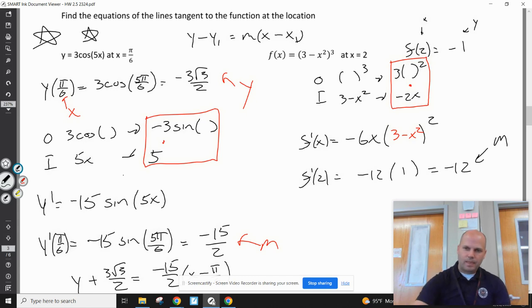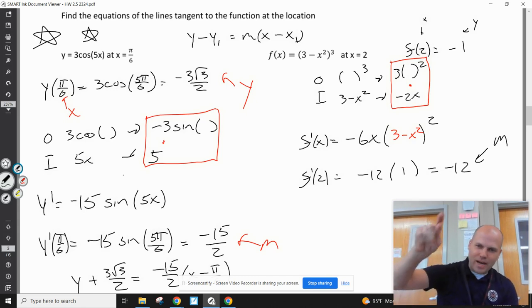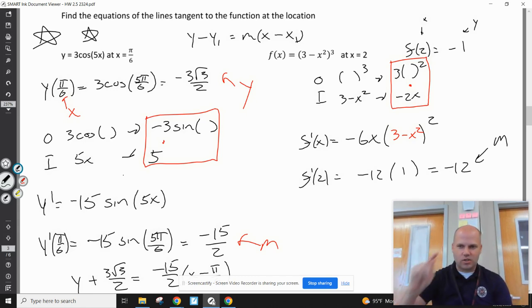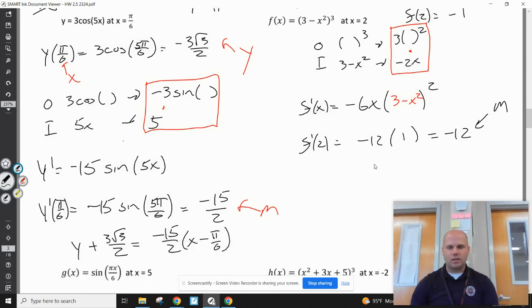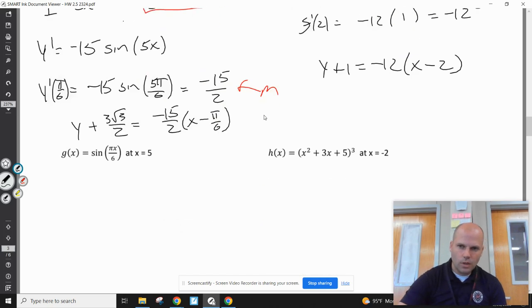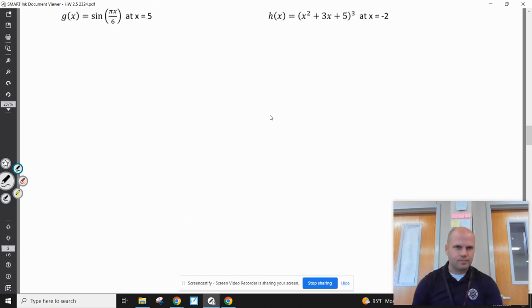That's an m. At 2, negative 1, my function is decreasing 12 y's per x. That's the power of a slope. We know exactly how quickly my function is changing at a location. Y plus 1 equals negative 12 times x minus 2. Next.